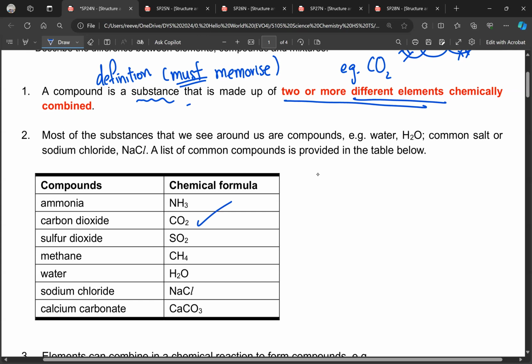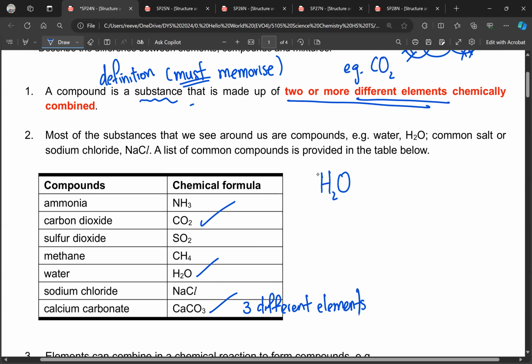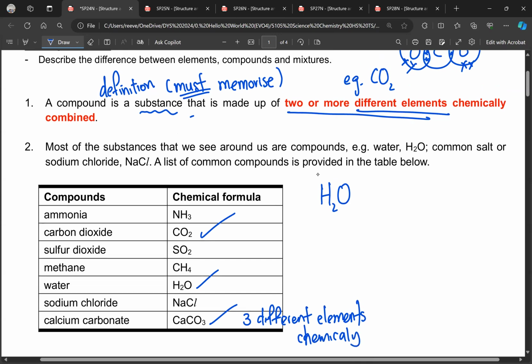I have things like H2O, water, which you should know is also two different elements chemically combined. I can have 3 different elements chemically combined. That's calcium carbonate. I hope you can recognize what are the 3 different elements.